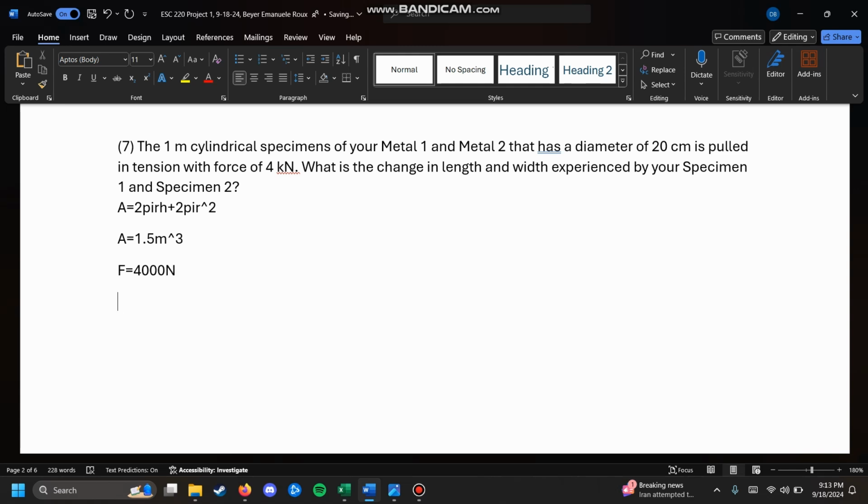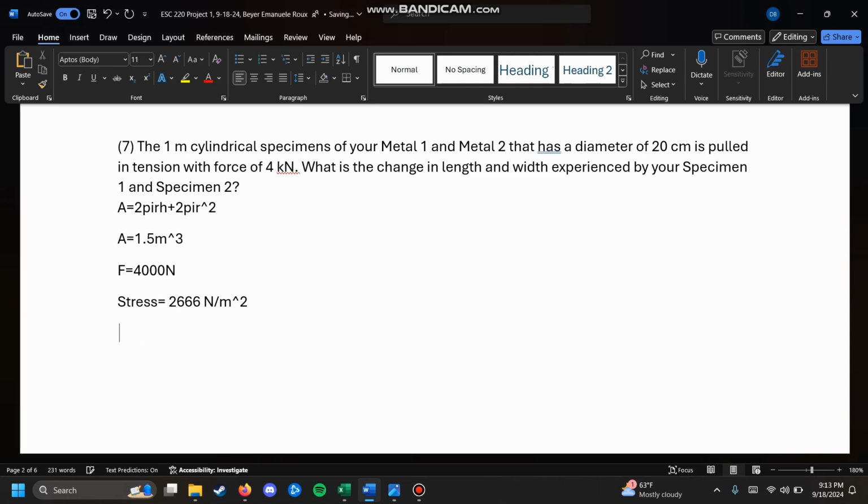We take those two things to find stress. Stress is force over area, so that comes to be around 2,666 newtons per meter squared. With this, we can use Hooke's law to find what the strain is. We take the elastic modulus of each.